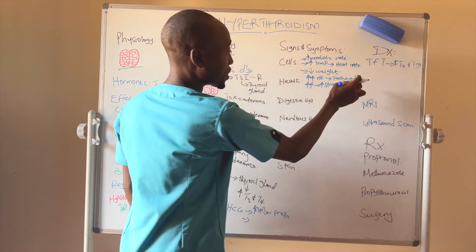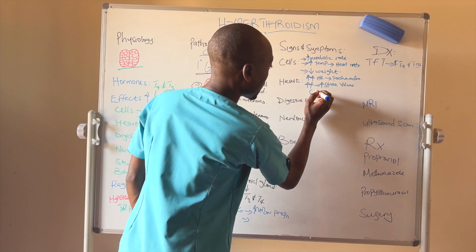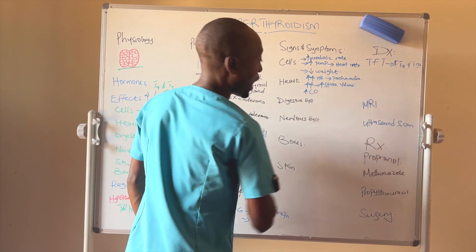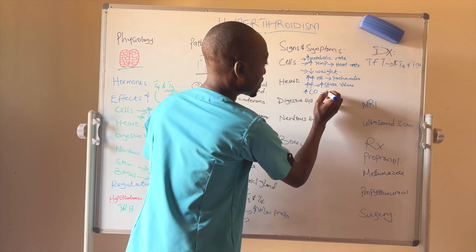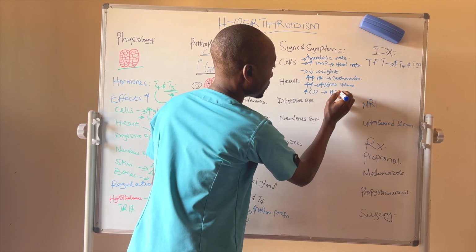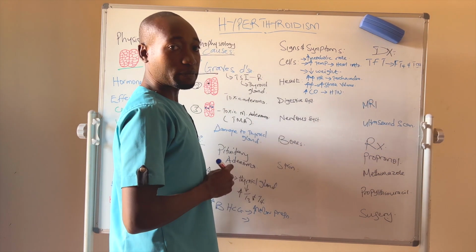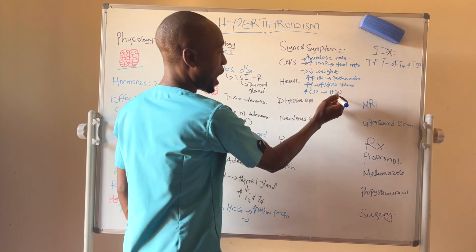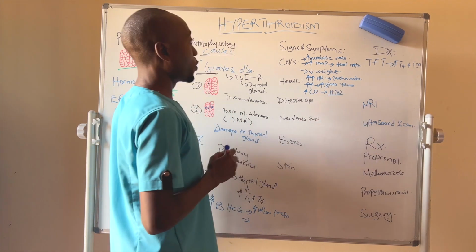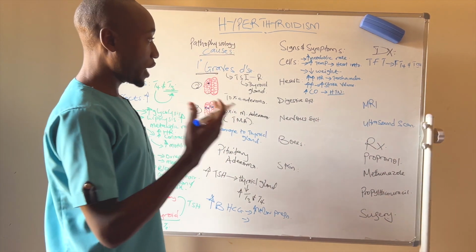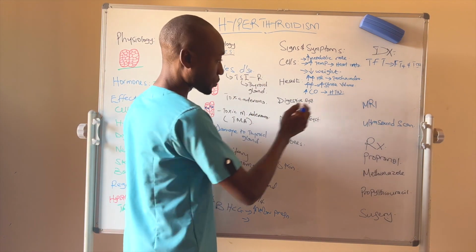Okay? And this also leads to increase in cardiac output. And as a result, this person can become hypertensive. You'll find that the blood pressure of someone with hyperthyroidism is more likely to go up.